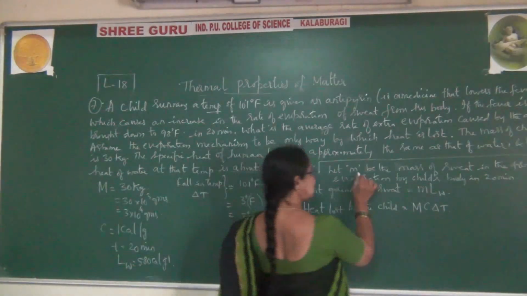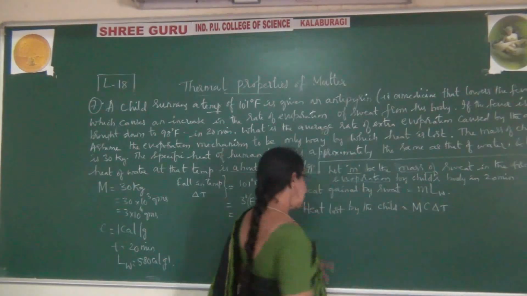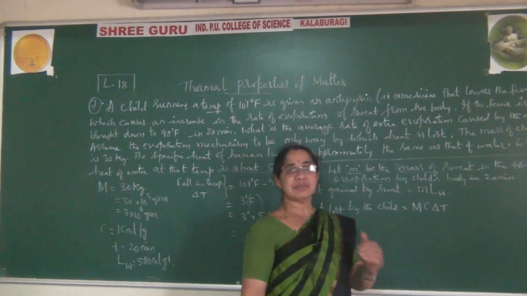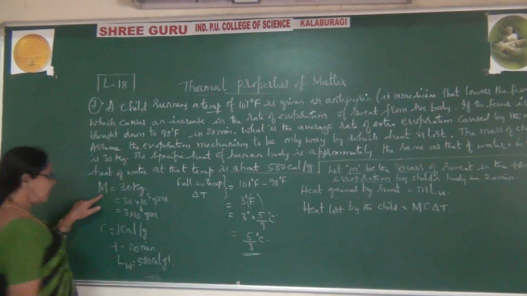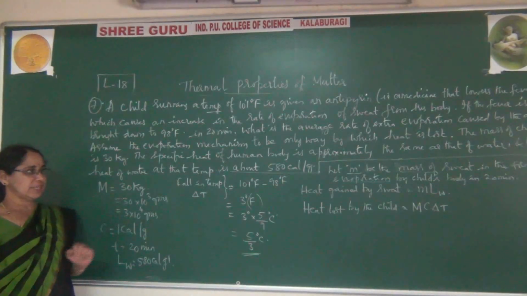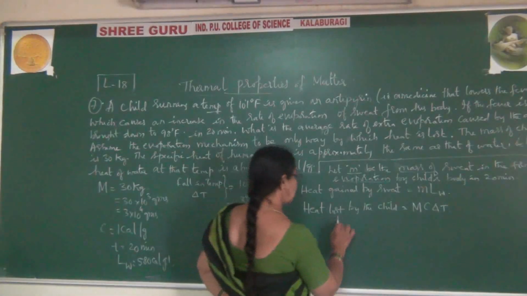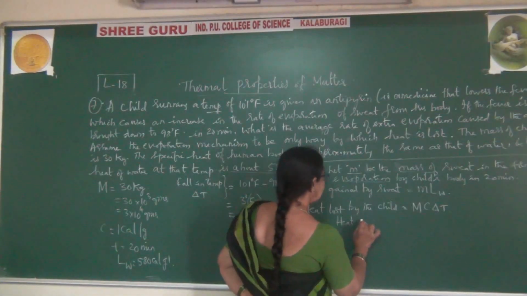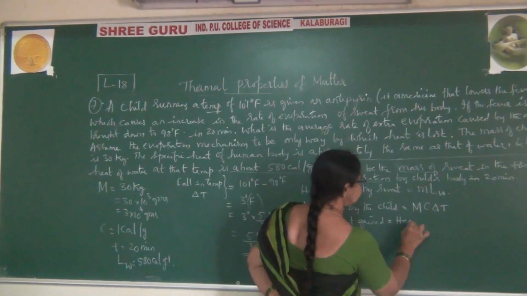What is small m? Small m is the mass of the sweat in the form of evaporation. What is capital M? Mass of the child. Now equate the formula. Heat gained is equal to heat lost.